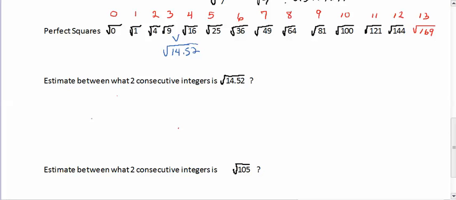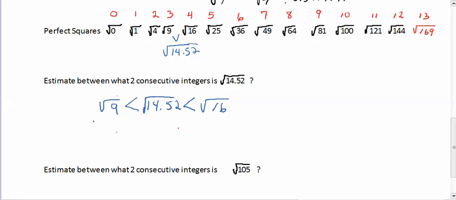So it is between, so we have the square root of 9, we have the square root of 14.25, and then we also have the square root of 16. It lies between here. It's bigger than the square root of 9, but it's less than the square root of 16.